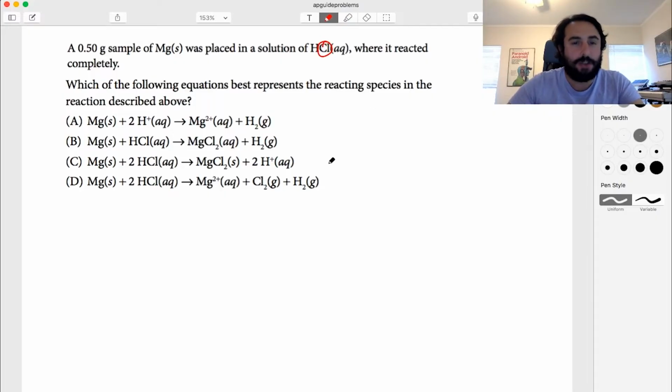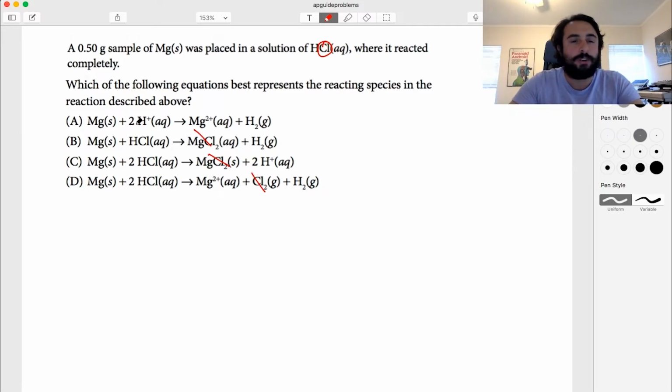So what we need to look over here and see. Well, some are going to be nonsensical. We know that we're not producing chlorine gas. That doesn't make much sense. We also know that magnesium chloride is not going to precipitate, and it is just spectator ions, right? We just kind of need to be familiar with this kind of reaction.